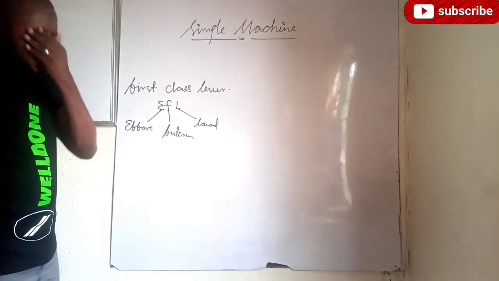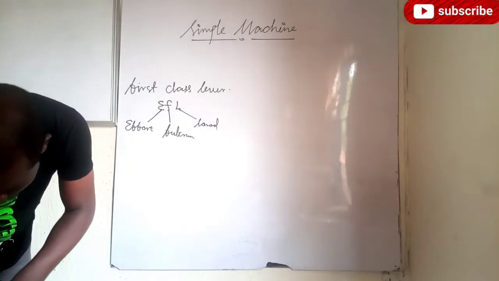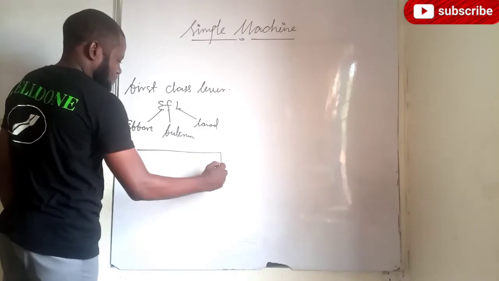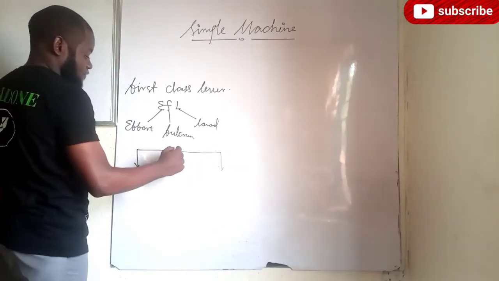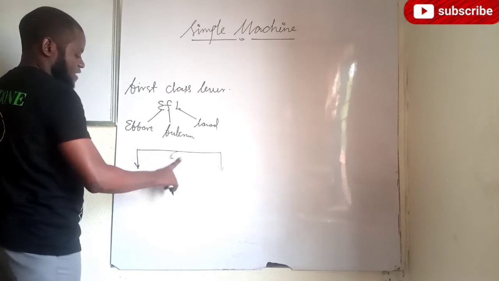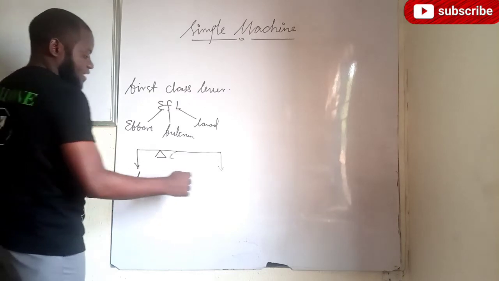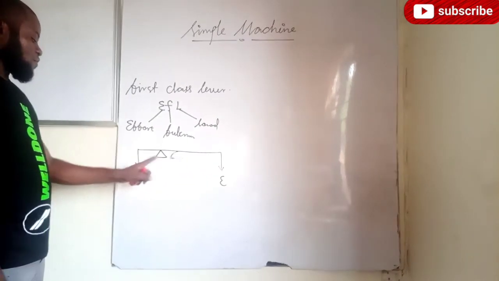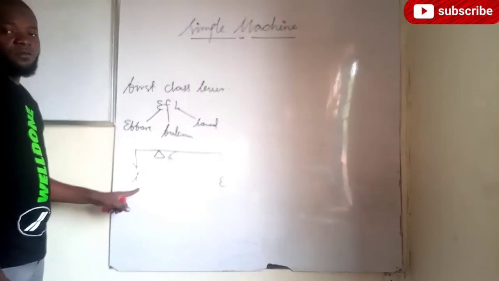Cool. Okay, if that should be the case now, we have this diagram there for the first class level. This is the fulcrum here. For better understanding, I have the fulcrum here, here is my load, and this is my effort. If you look at the fulcrum and the load, they are very close to each other.